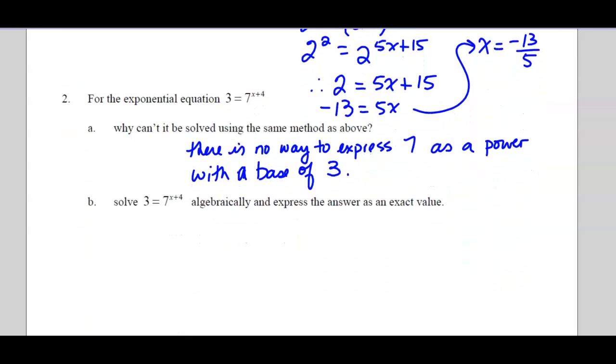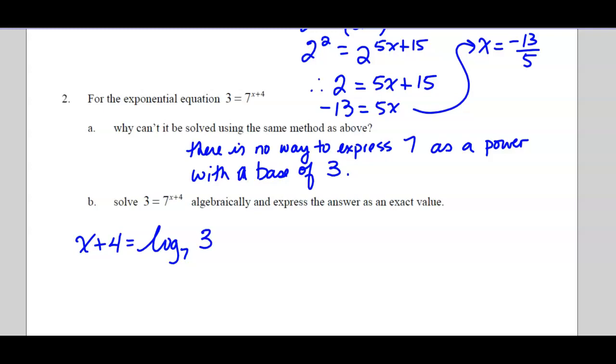Okay, so it says solve it algebraically. Well, what do we know? We now know that a logarithm is the value of the exponent. So taking a look at this, I can think, okay, the base of that exponent can be the base of my logarithm. This is the value of my log, the exponent, which is going to be the value of the log. And so the argument is 3, right?